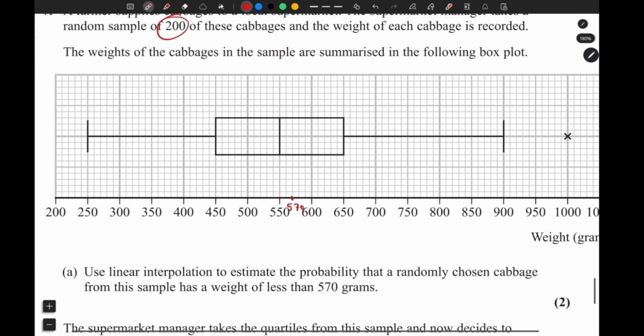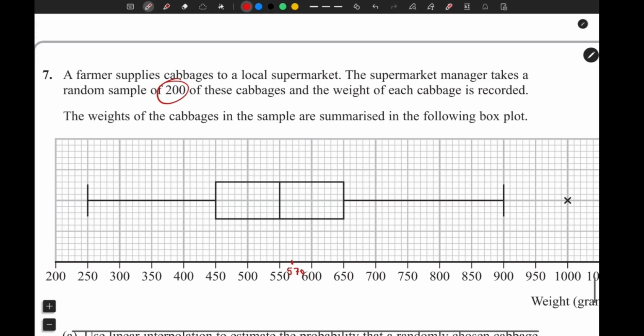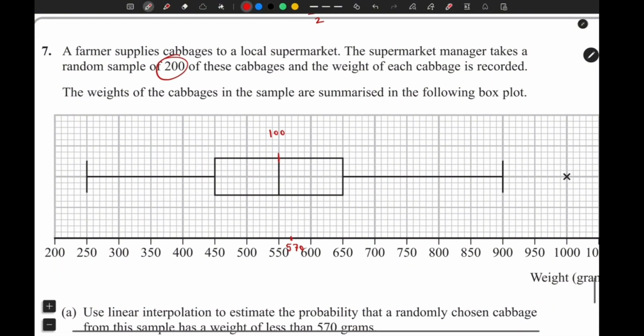Now as you can see, the median is at the very center of the box plot, and the median is n over 2, which is 200 over 2. So at this point there are 100 cabbages, and at this point this is the upper quartile.